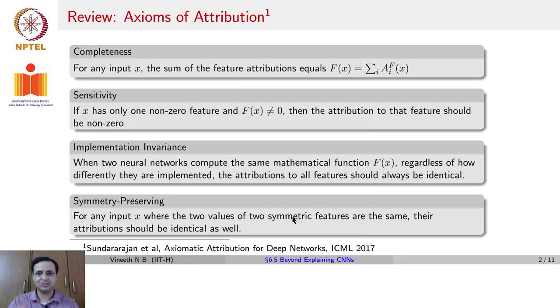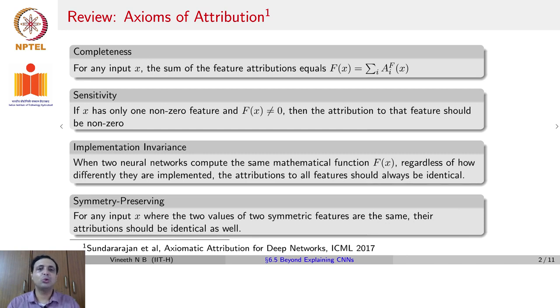So this could be in an input, this could be an intermediate layer. Generally, symmetry is a broader concept, but we are saying now that if two inputs could have been replaced and the output still stays the same, in that scenario, both those features should have the same attribution. Please do read this work below for more details about the axioms.